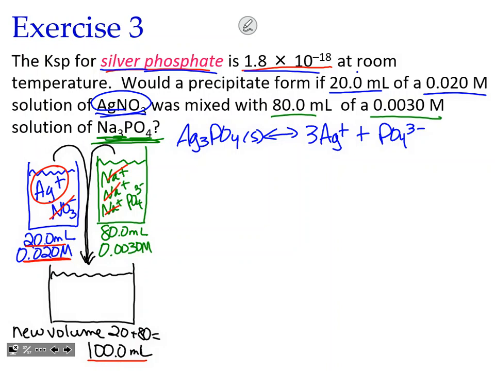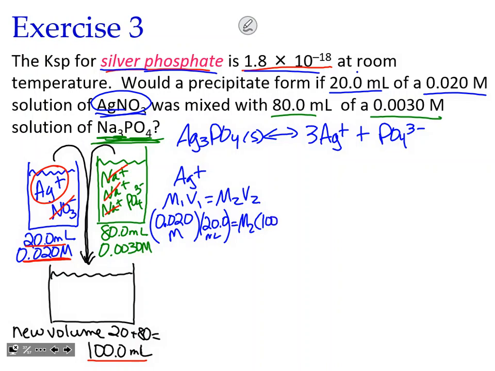So that's what we're going to do here. We're going to start with our first beaker, our silver. M1V1 equals M2V2, and we're going to calculate its initial concentration in the new volume. So we have 0.020 molar times the 20, and we're going to get M2 times the 100. So the molarity 2 is going to be the concentration of the silver initially.